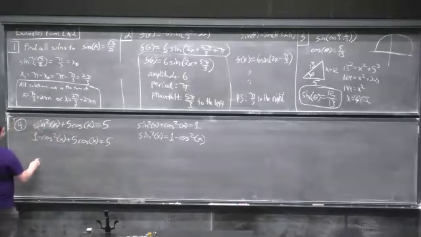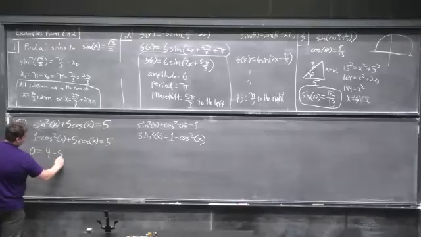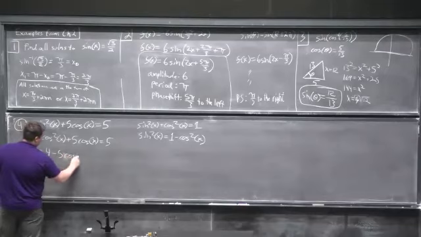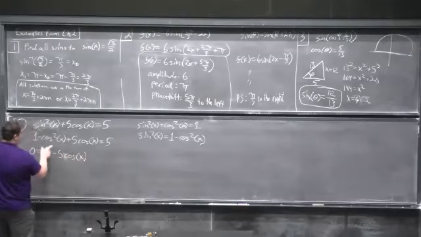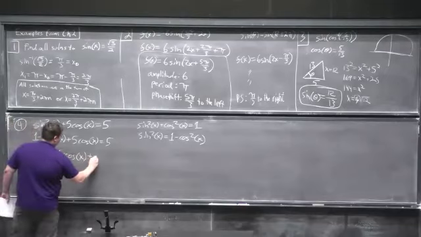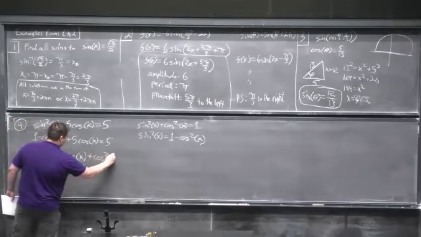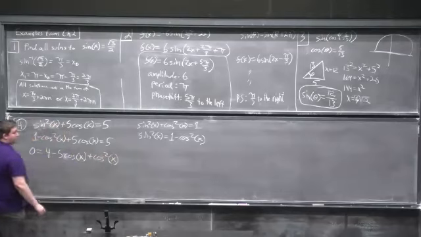Let's bring everything to one side. So I'm going to have a 0 on the left-hand side. I'm going to subtract 1, and I get 4. I'm going to subtract 5 cosine x, and I'm going to add cosine squared x.